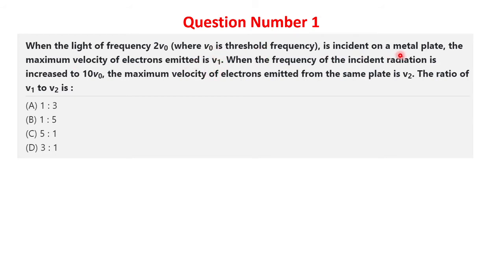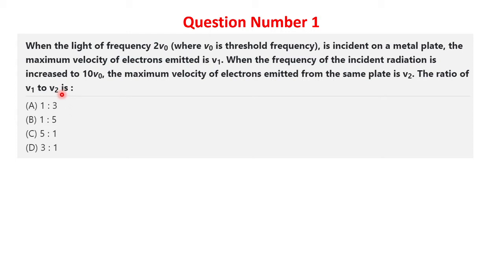If frequency is increased to 10 nu naught, 10 times threshold frequency, the maximum emitted electrons have velocity equal to V2. Question is, what is the ratio of V1 is to V2?